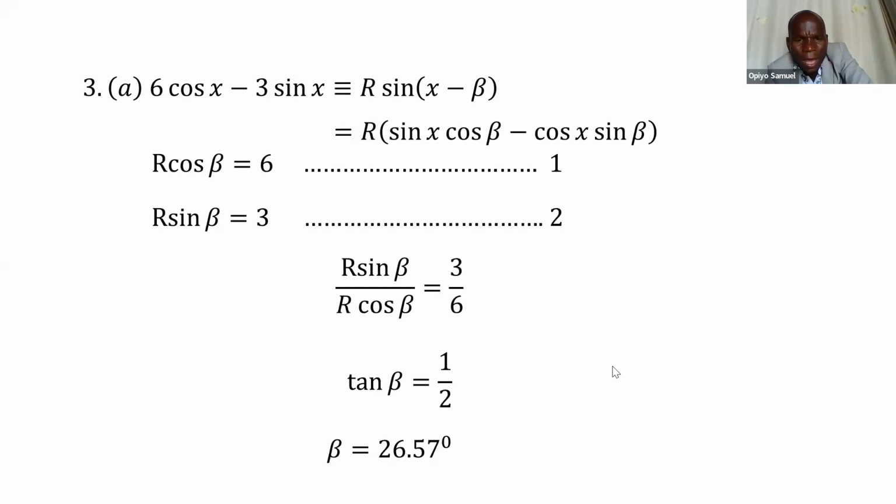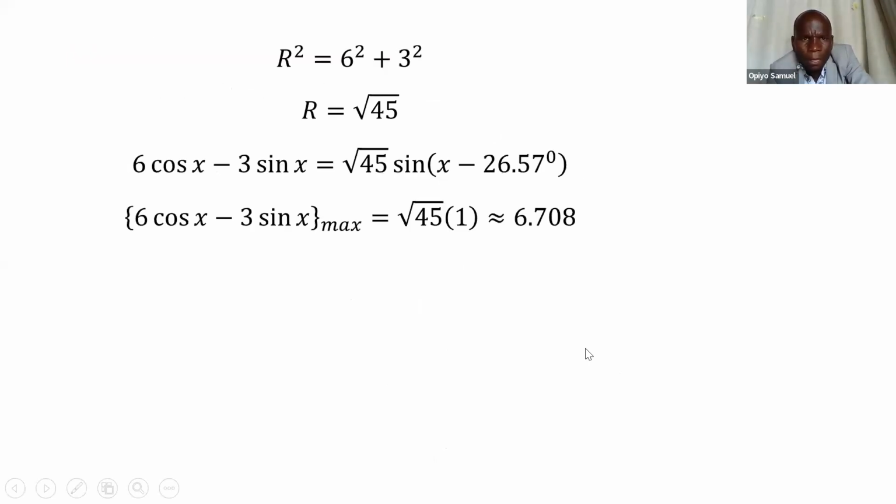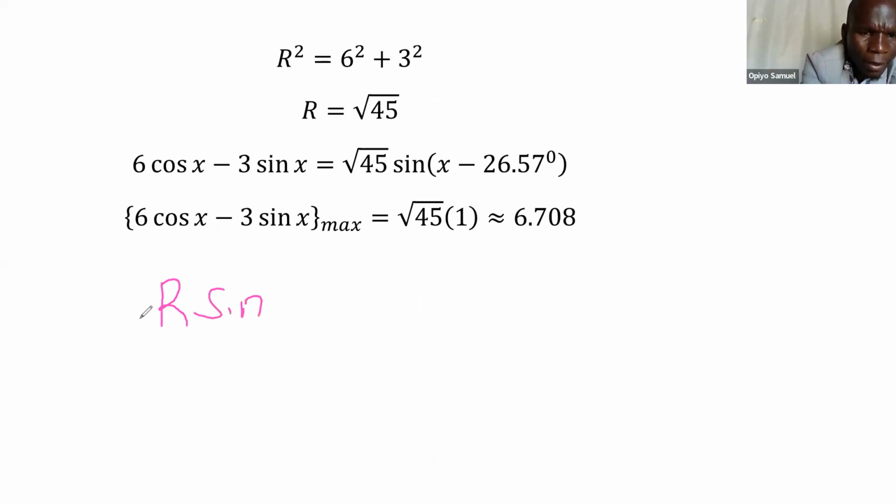So this is our beta. We now need to also find R. To find R, you need to square the two equations. We have R sine beta.